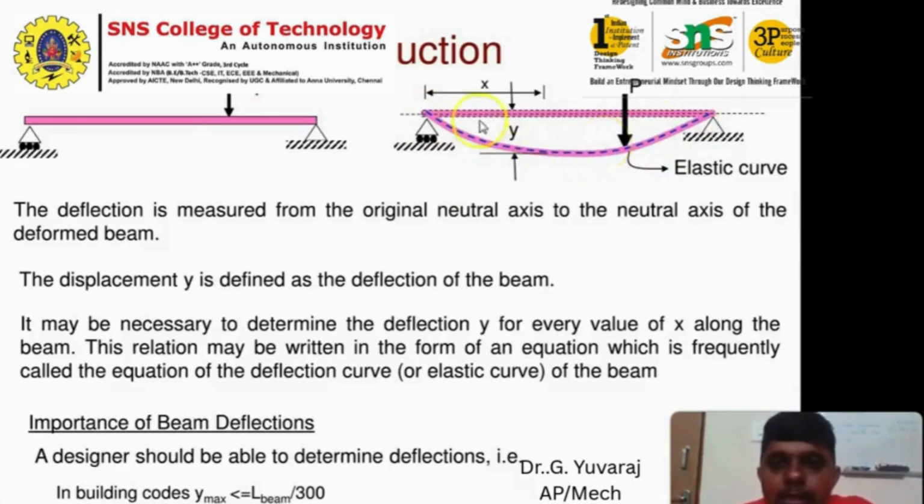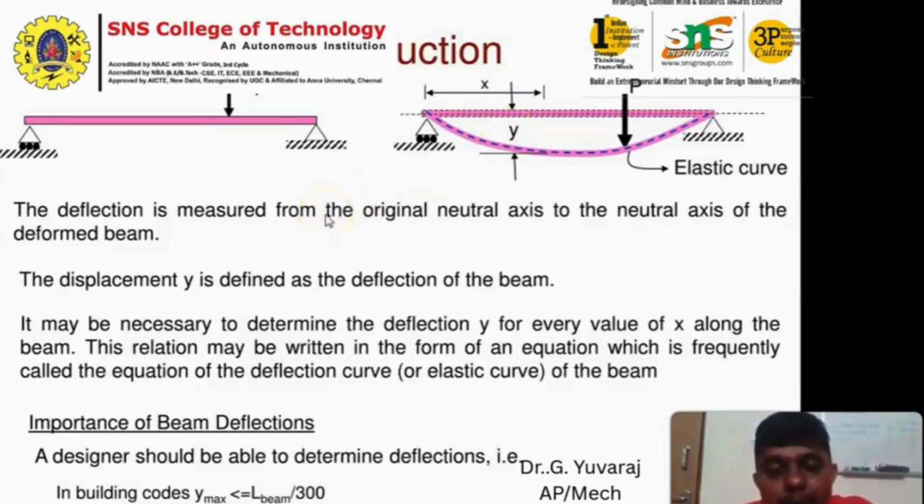Here y represents the displacement, also called the deflection. Deflection means the amount of beam bending from the initial position, and it is represented by the symbol y.